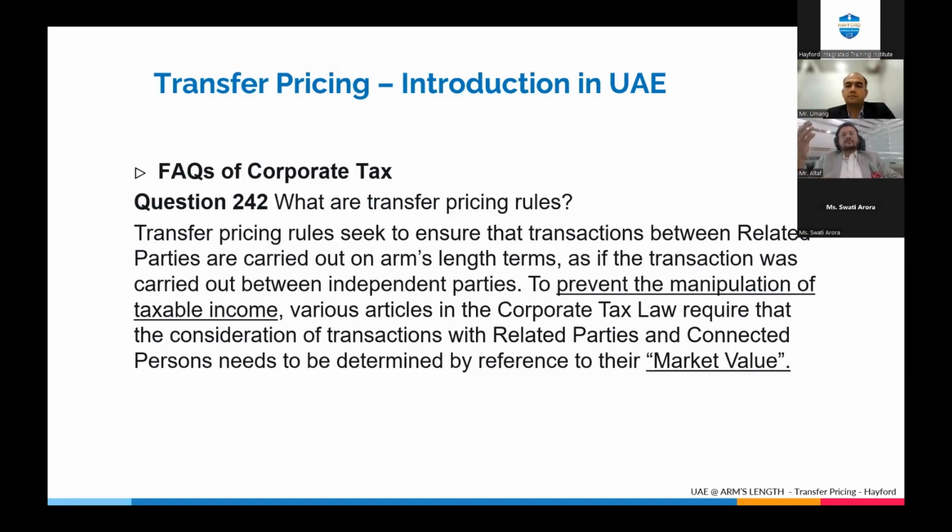And the answer was that the whole idea revolves around related parties. The concept of related parties is very important to understand transfer pricing. It concerns transactions between two parties in which one party controls, to be quite honest, the right word is control rather than influence.